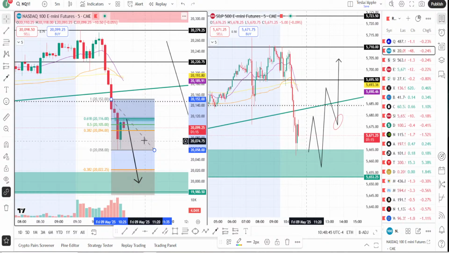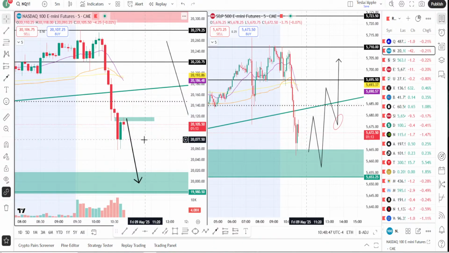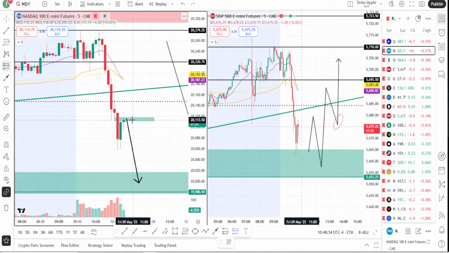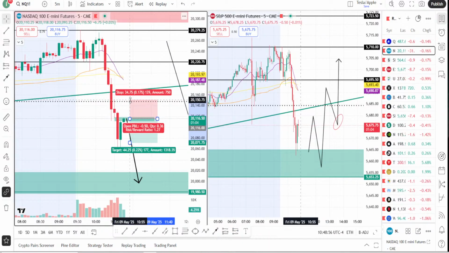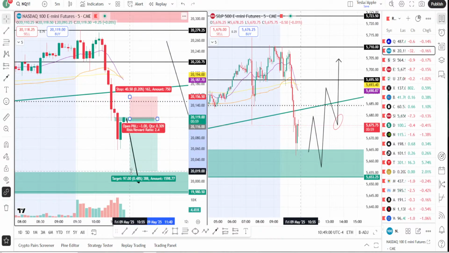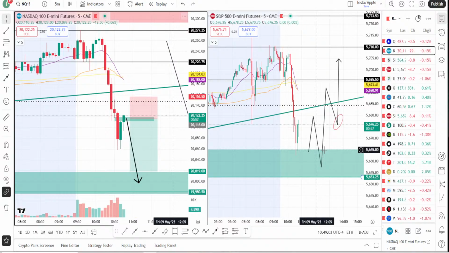Yep, so I think this is coming down. This might be a good short attempt here. Say you get in here, stop above here, take profit coming down here.